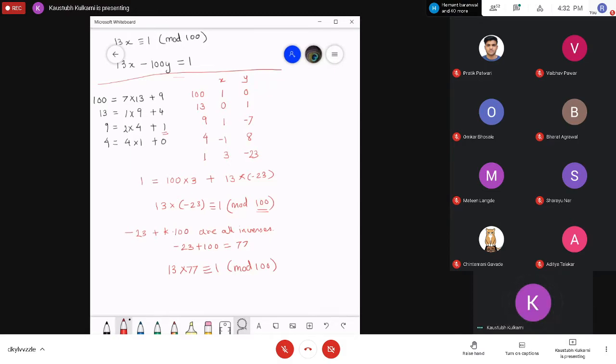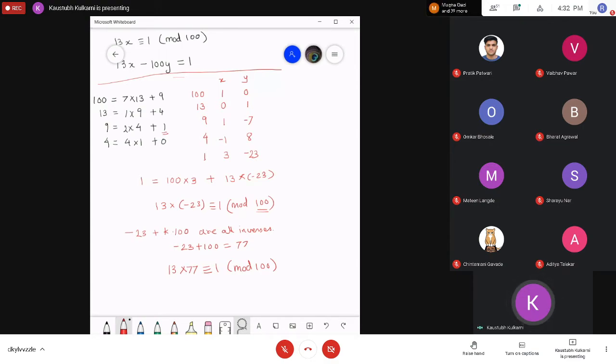Actually, see, x and y are just integers. The idea is either you say 13x minus 100y equal to 1, or 100x minus 13y is equal to 1, or you say 13x plus 100y equal to 1, or 100x plus 13y equal to 1.